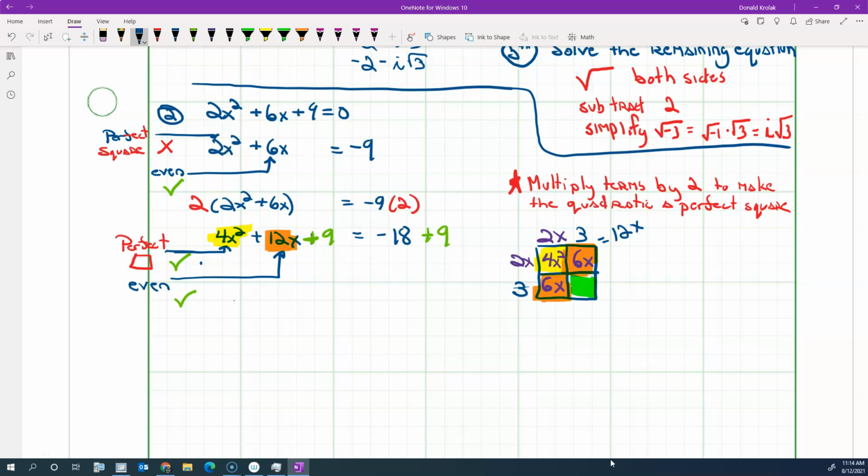Okay, now we can factor. So 2x plus 3 squared equals negative 9. And now the steps are the same. Take the square root and isolate x. Okay, move the 3 over.